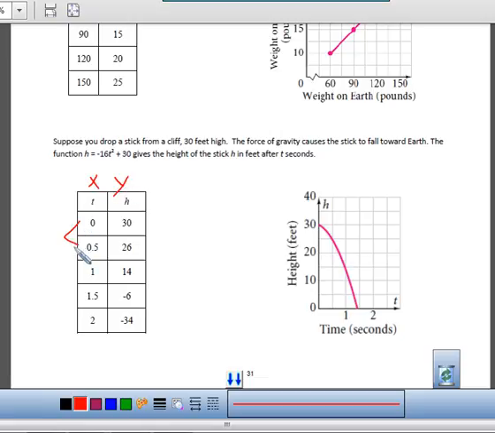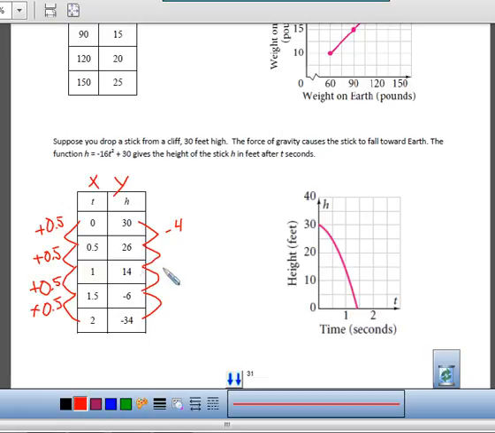Now look at our amount of change. So this is increasing by 0.5 every time. And then when I look at the change in y, from 30 to 26 is minus 4.